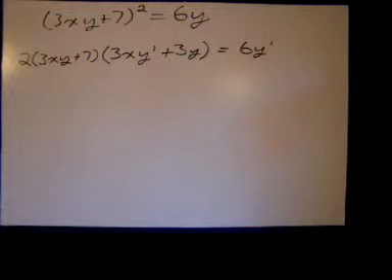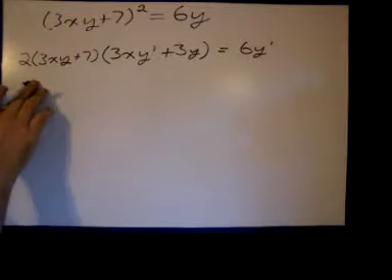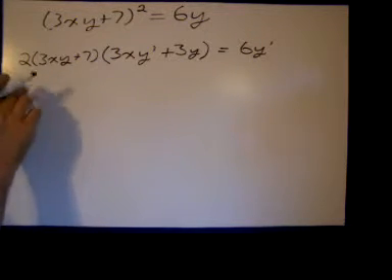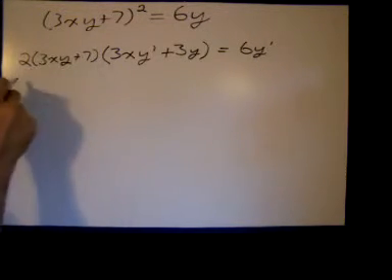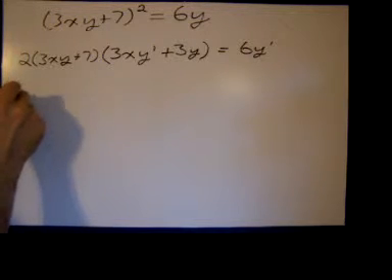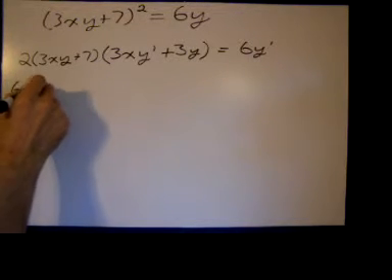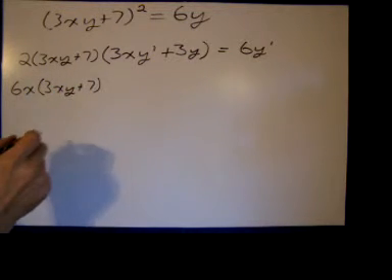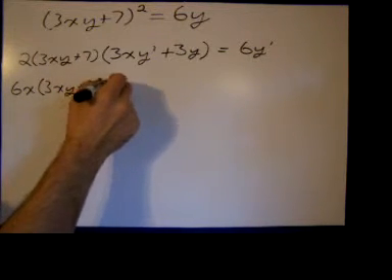So now I'm going to expand this to a degree. Not going to fully expand it, but I'm going to expand it somewhat. So I'm going to multiply 2 times 3 is 6x times 3xy plus 7 y prime.